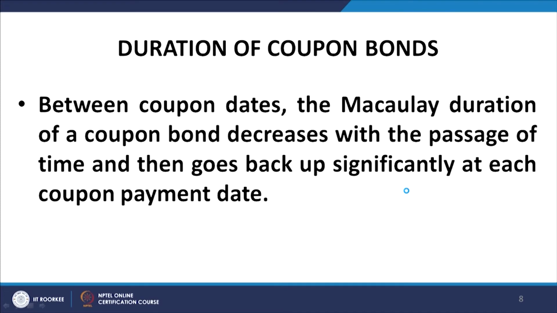Duration of coupon bonds. Between coupon payments, the Macaulay's duration of a coupon bond decreases with the passage of time and then goes back up significantly at each coupon payment date. So, when you evaluate the duration between two coupon dates, the duration tends to decrease as you approach the next coupon date, and when the next coupon date actually arises, the duration again increases significantly.